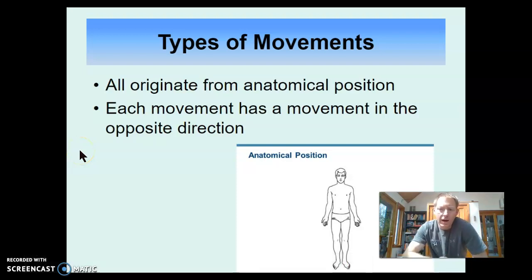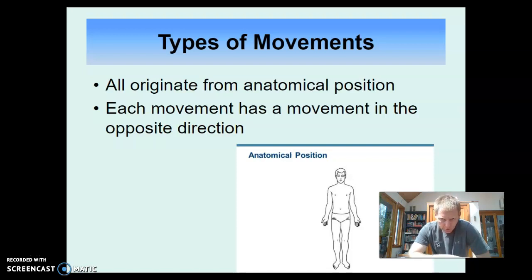So again, this is a reiteration of what we've talked about already, but anatomical position is incredibly important in this, and you have to remember to assume that the motion is starting from anatomical position. Obviously, that's not real life in terms of how people are moving, and when you get into sports physiology, it obviously gets much more complicated.